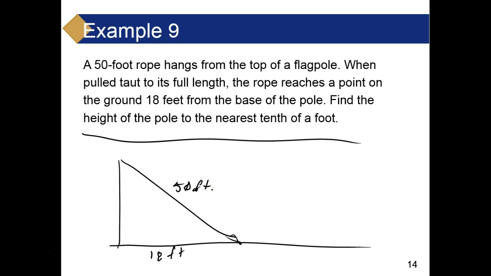Okay? And what does the Pythagorean theorem tell us? That a squared plus b squared is equal to c squared. So we would have to square this and square that, right? Except I may not want to call it a. What do you want to name the height of the pole? Is a okay, or do you want something else?